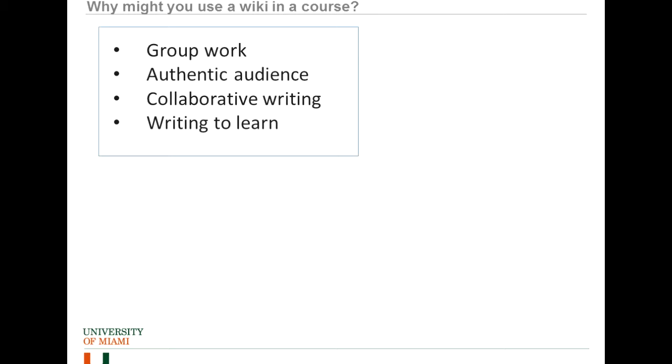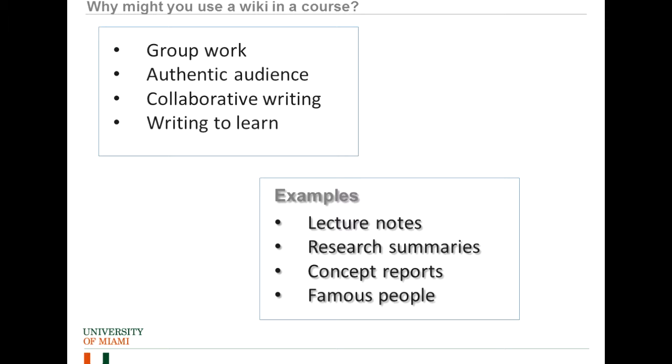So it may not be the high stakes that a term paper is, or it may be, but it doesn't have to be. But just writing it down will help you process it, will help the students process it and understand it. So there are some of the reasons, some of the things that a wiki can do for you. There are other ways to do this, but the wiki is pretty effective at it.